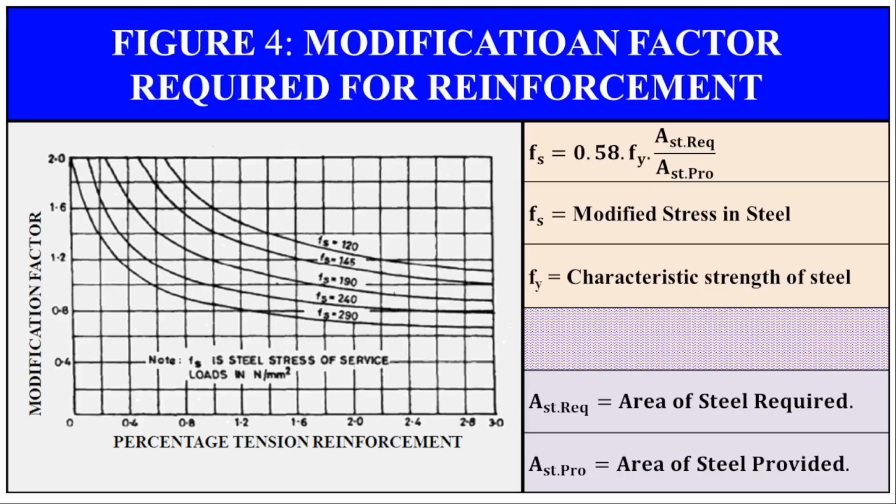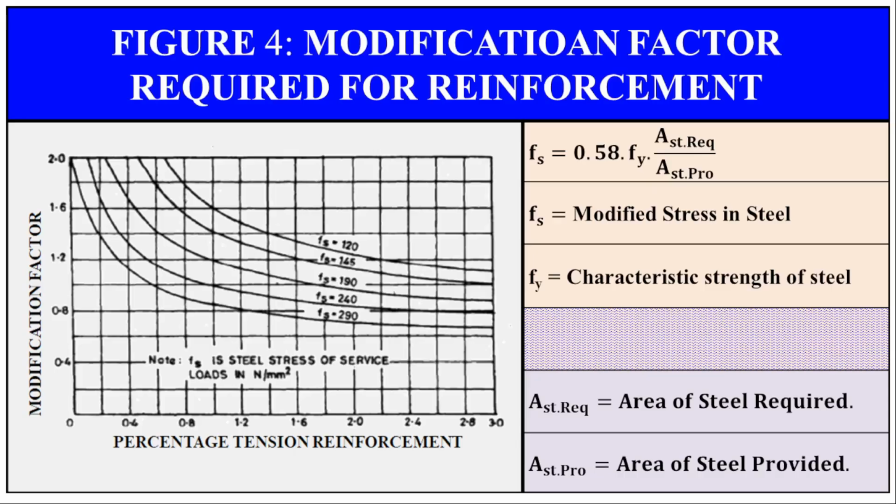Since we are dealing with a ratio, using the ratio of the percentages will yield the same result when interpreting the graph. Most of the time, the calculated value of Fs won't exactly match the values provided in this chart. When this happens, we'll need to interpolate to find both the value of Fs and the corresponding modification factor, Kt.